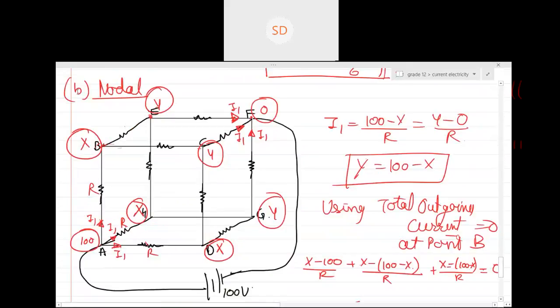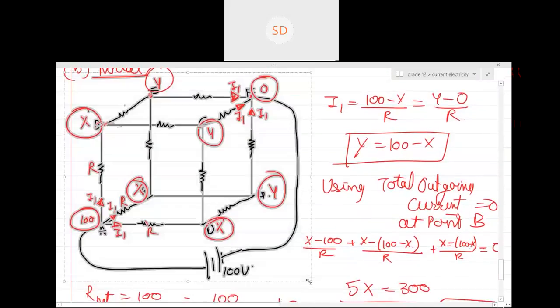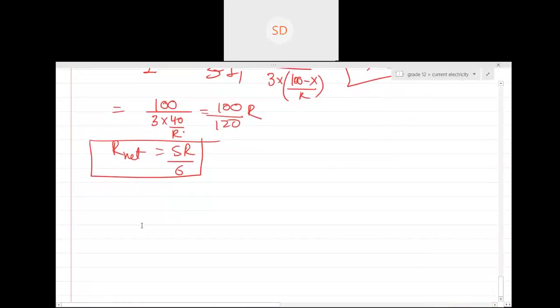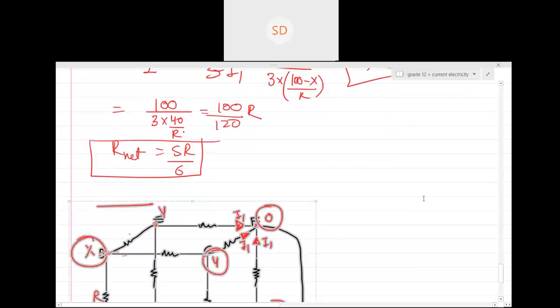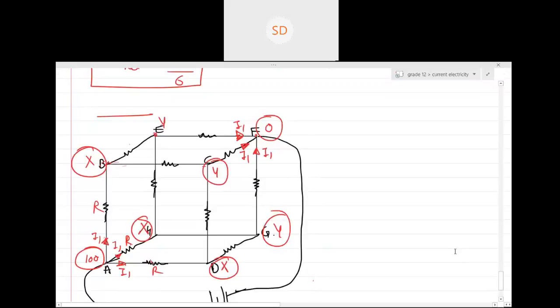Okay, third step is using SS. See, in SS method, you don't even need to calculate the current and all, X and Y. It's not required. Now here we are using SS plus symmetry.